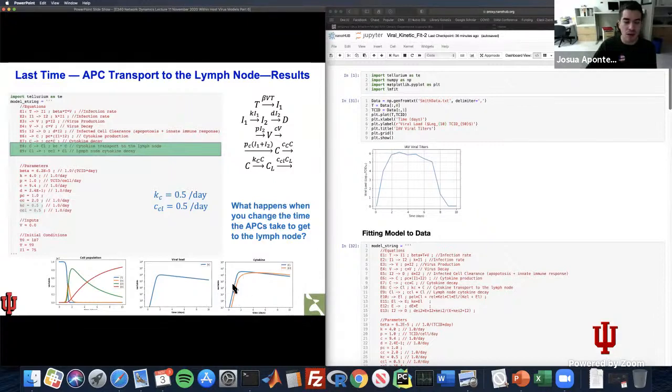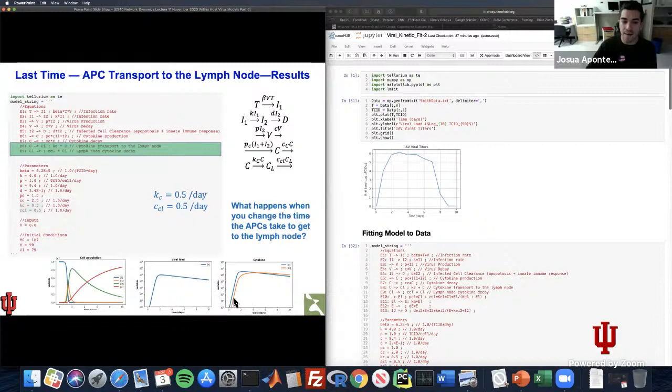So we have the cytokine signal activated as it was in the previous part, but we also now have a cytokine in the lymph node that mimics, but is not exactly the same as, the one in the tissue.